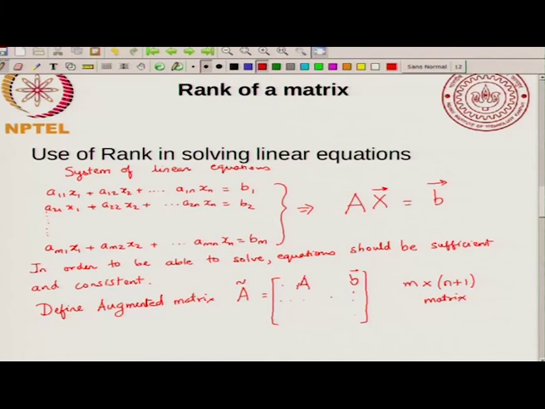Now if you define this m cross n plus 1 matrix A tilde, which is called the augmented matrix, the condition for the system of equations to be both sufficient and consistent is that the rank of A should be equal to the rank of A tilde, and this should be equal to the number of unknowns.